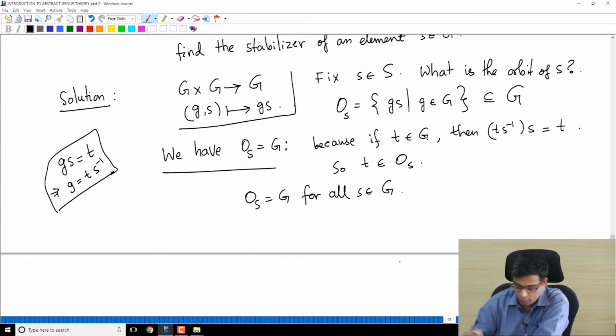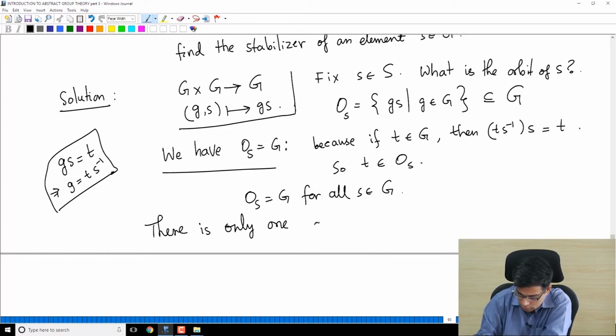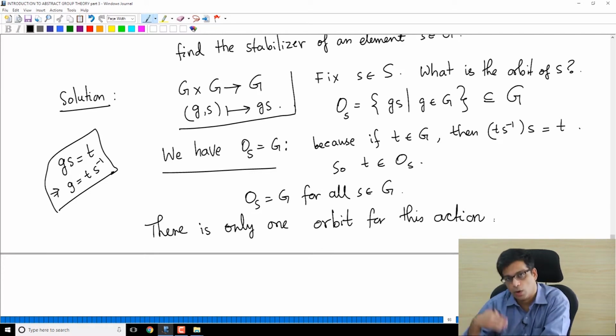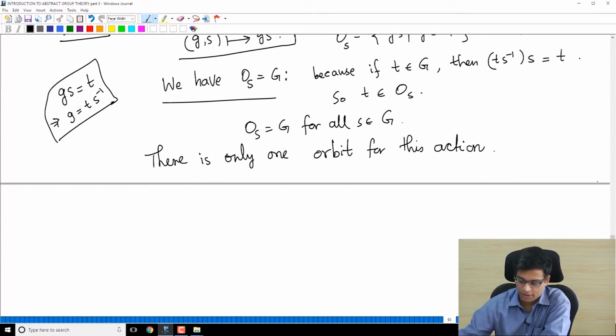So what is the orbit decomposition? There is exactly one orbit for this action. In other words, all orbits are identical to G. Such an action is called a transitive action. I will define this formally again in some other video, but this is an example of it.